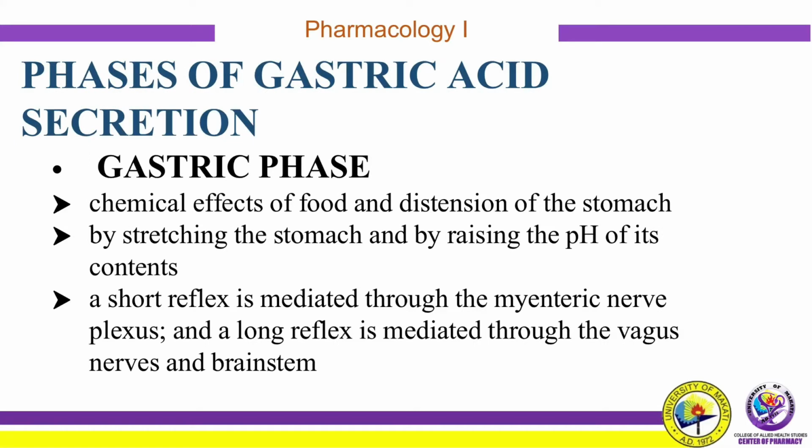The gastric phase is due to the chemical effects of food and distension of the stomach. Gastrin appears to be the major mediator since the response to food is largely inhibited by blocking gastrin action and its receptors. The gastric phase is the period in which swallowed food and semi-digested protein activate gastric activity.